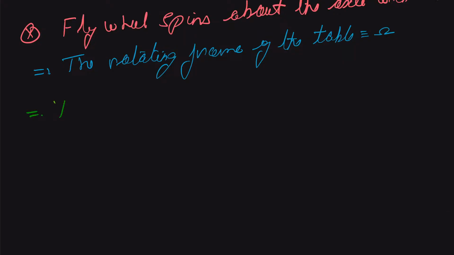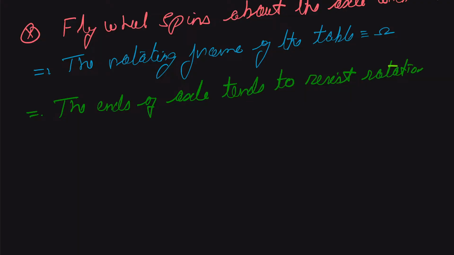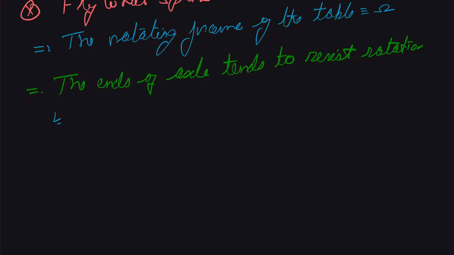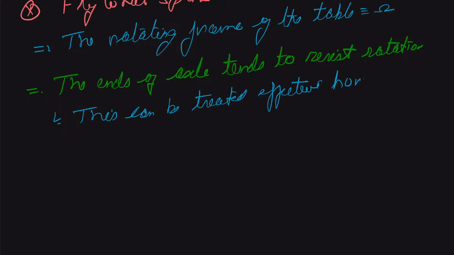So we can say the ends of the axle tend to resist rotation, and this can be treated as an effective horizontal torque acting on the axle.